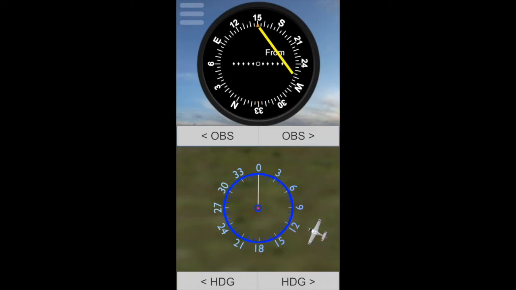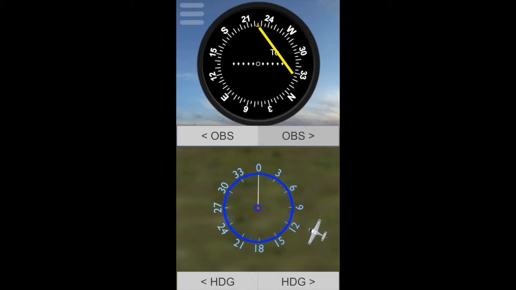This is very important for you to visualize and understand the concept of FROM and TO based on the selected radial. Select any radial you like. Select the 240 without moving the aircraft. What's happening here? 240 plus or minus 90 would be 150 and 330.